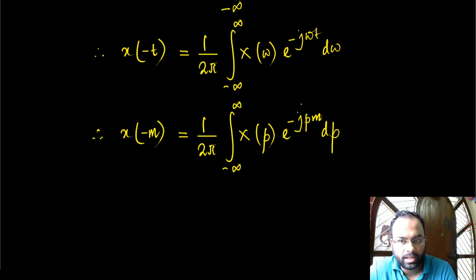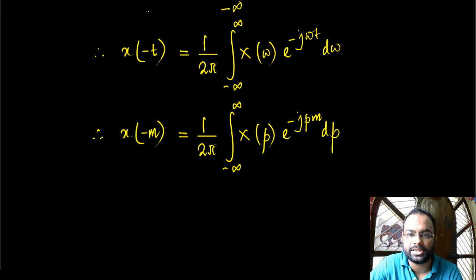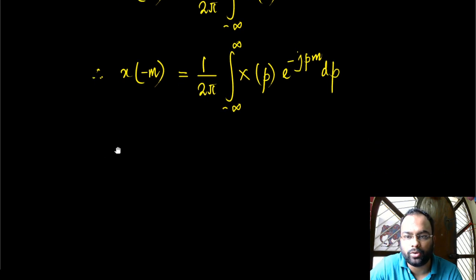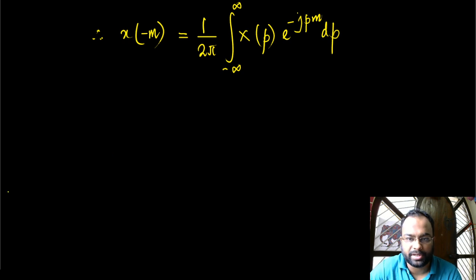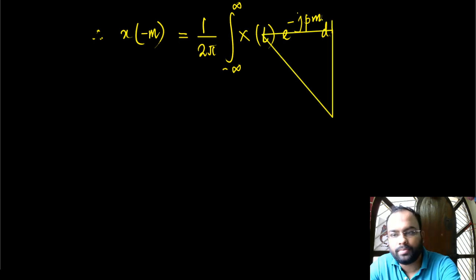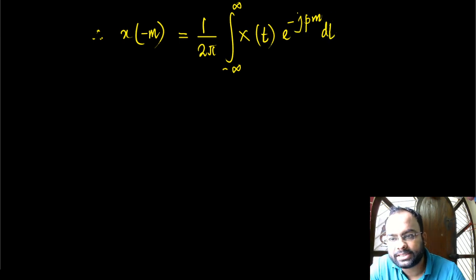Now imagine I did not have this expression. I only have this expression. There is no problem with that, and again I can change my names. Instead of p, which is just a name, I can say t here. No one is going to object because these are just placeholder names.